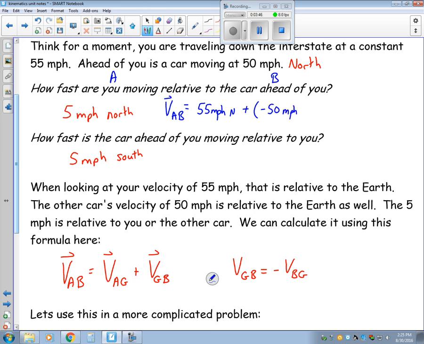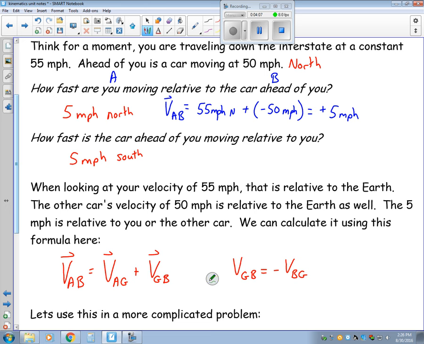If we say everything north is positive, everything to the south would be negative. The ground is moving to the south, so we have that negative. Again, we get a positive 5 miles per hour, which means it's 5 miles per hour to the north.